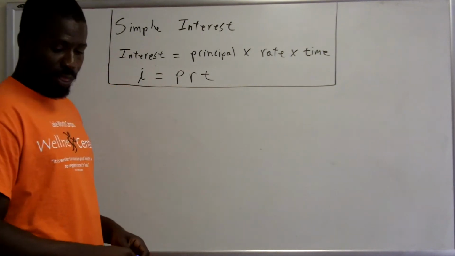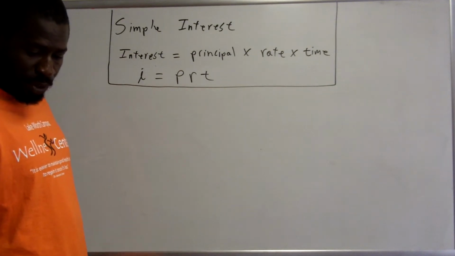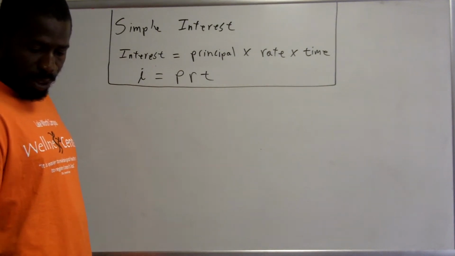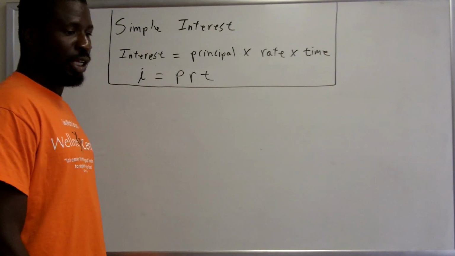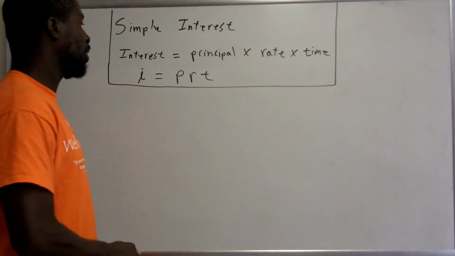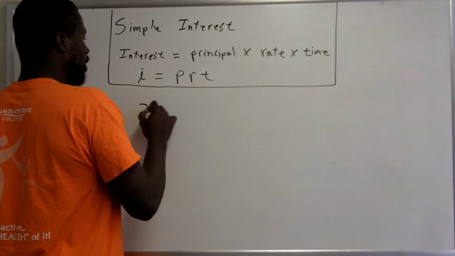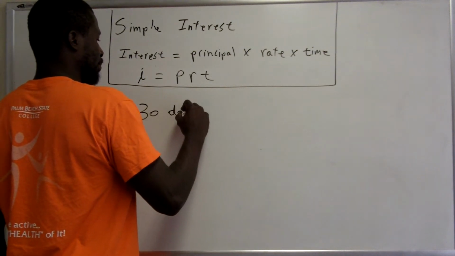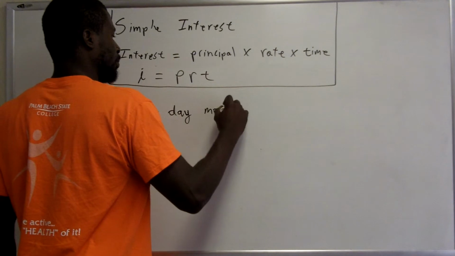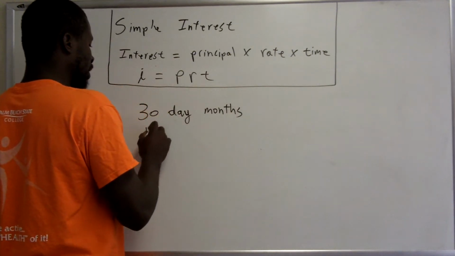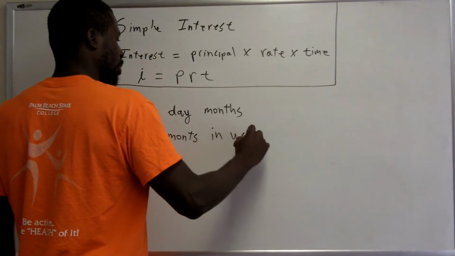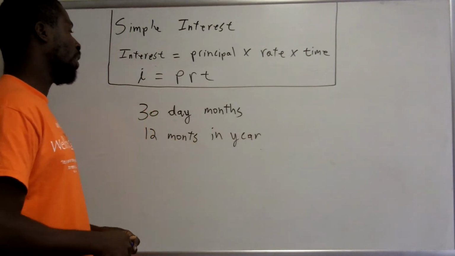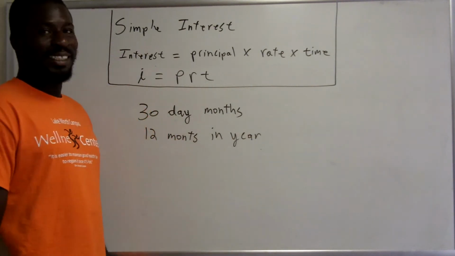All right, now the other thing is we're going to be calculating our interest using ordinary interest, in which each month has 30 days and there are 12 months in the year, which makes for a total of 360 days.